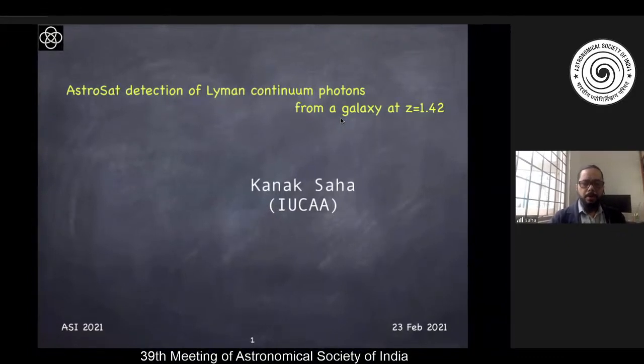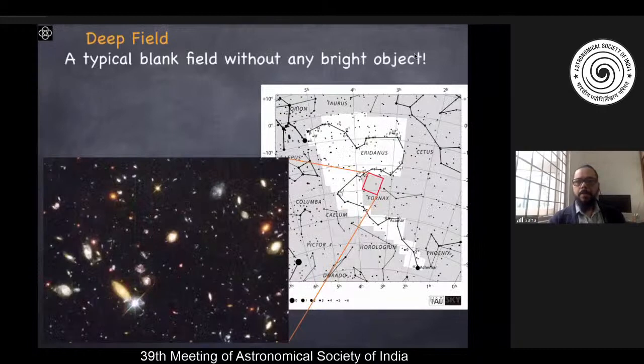Okay, so as you know, the work that we've done is concerning the deep field, and just in layman terms, the deep field is basically a blank field of the sky in which there are no bright stars, because you do not want any bright star to contaminate.